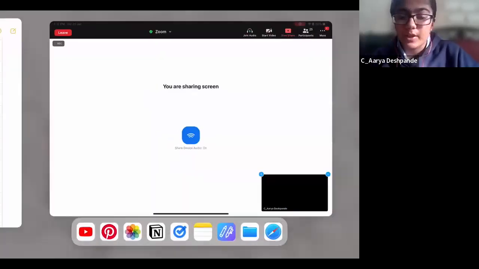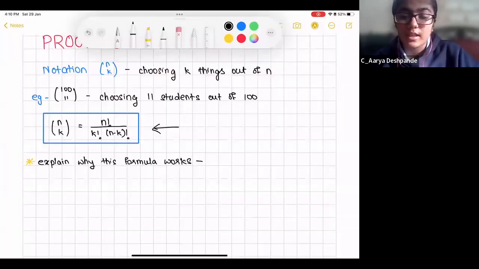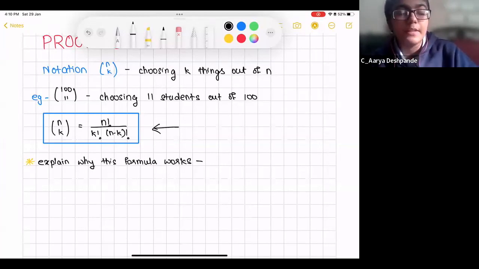So for example, we have a word with 3 letters, and there are 3 blanks for that particular word, and you have 3 letters. So for the first blank, we'll have 3 different possibilities of letters available. Similarly, for the second blank, you will have 2 possibilities, and for the third blank, you'll have 1.